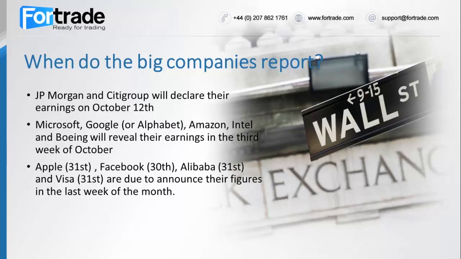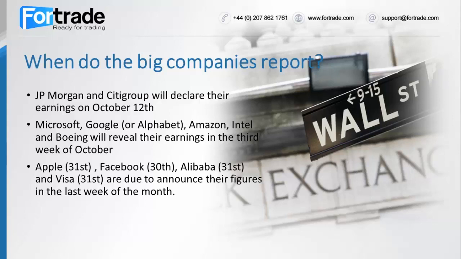So when do the big companies report? Well, the big banks always kick off the earnings season, and this October the big guns begin to declare their earnings on October the 12th. That's on Friday, with JP Morgan and Citigroup among the first. But many of the most traded stocks declare from mid-October until the end of the month.